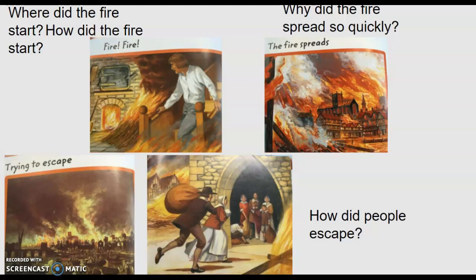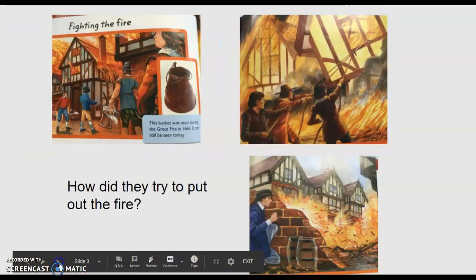They hoped that the churches would keep them safe because the walls were made of stone, and we know that stone does not burn so easily as wood. But unfortunately, lots of the churches did actually burn down. So let's have a look at the next one.